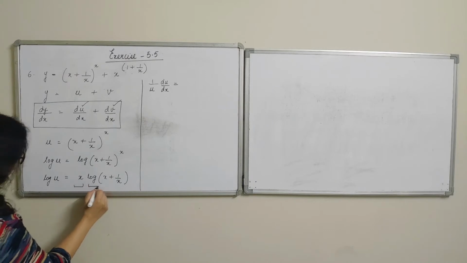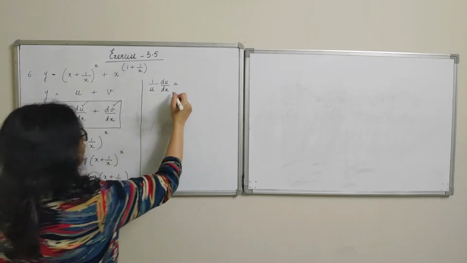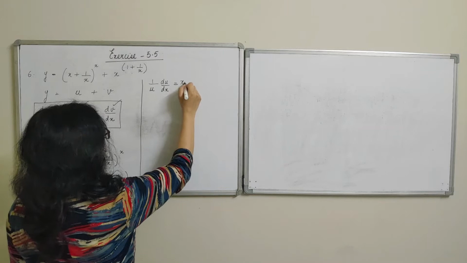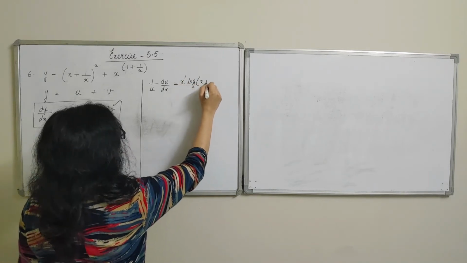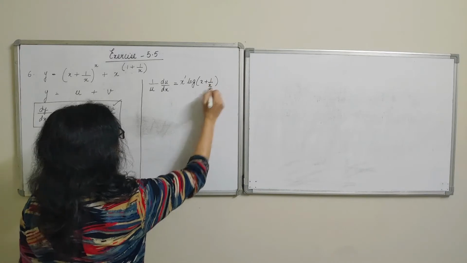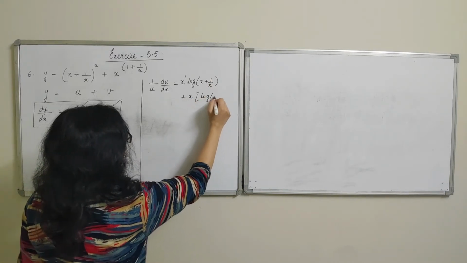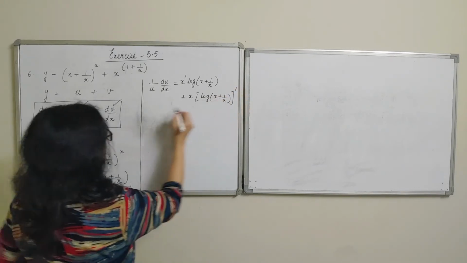So the left side will become 1 by u du by dx, and on the right side there is a function x and there is a composite log function. So using the product rule, I'm writing down the product rule first: derivative of x into log of (x plus 1 by x) plus x into derivative of the log function, this way.